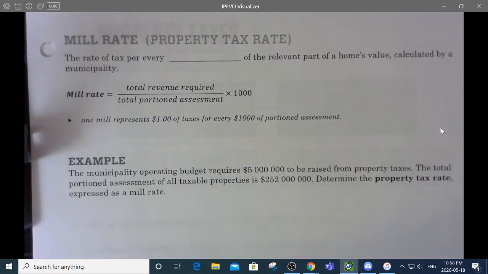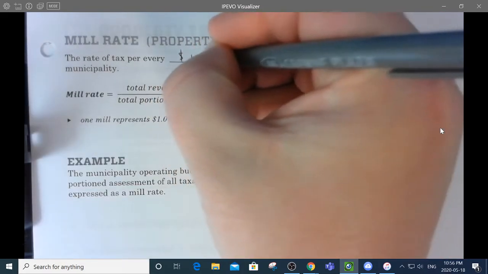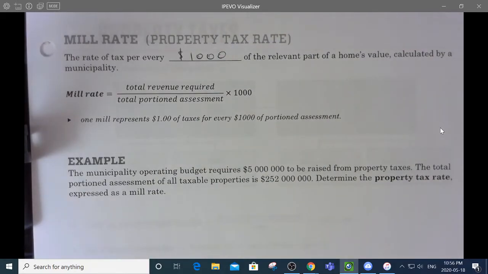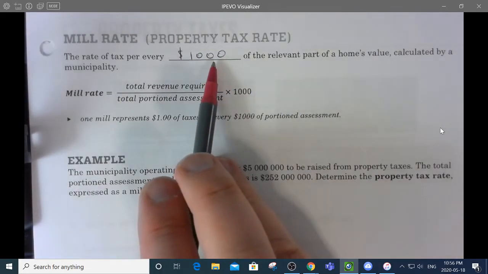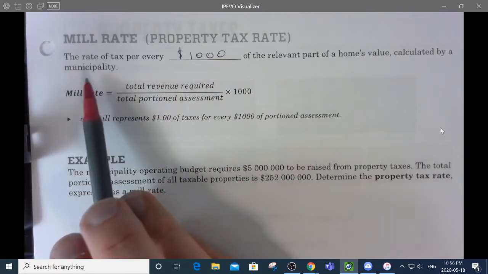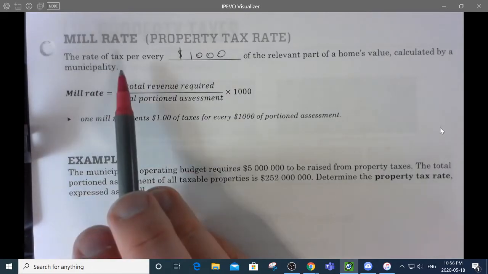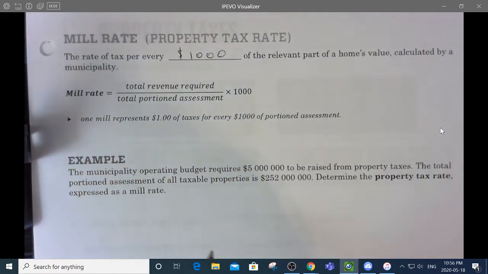What that means is the mill rate is the rate of tax per every $1,000 of relevant part of a home's value calculated by the municipality. So in other words, for every $1,000 of owned property, that's buildings and land, the municipality, the town that you're in that's calculating the taxes, has to calculate an amount that every $1,000 of property gets taxed by.